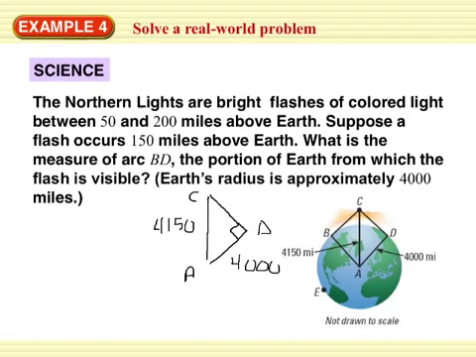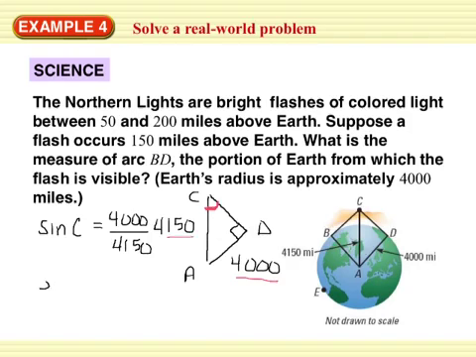So opposite over hypotenuse. If I have sine of C, opposite over hypotenuse, then to find the measurement of angle C, I do inverse sine.